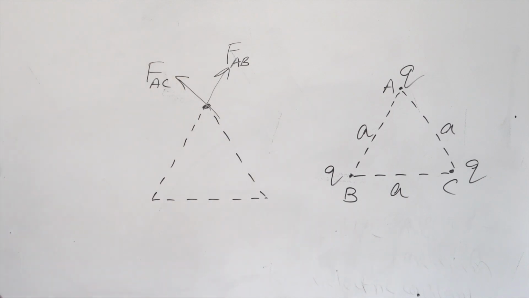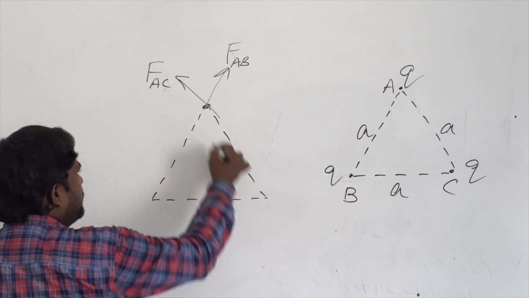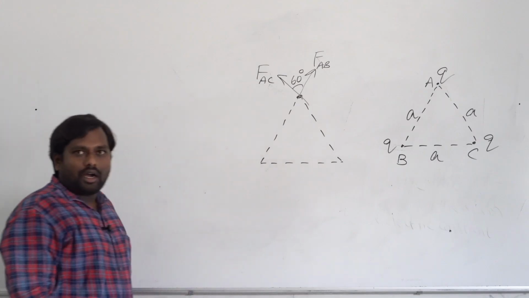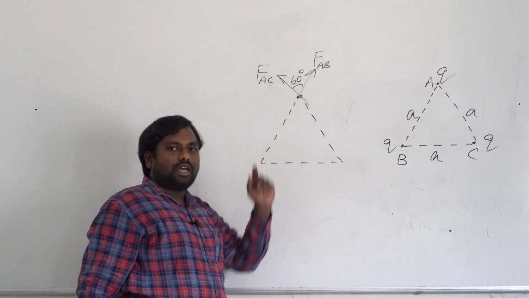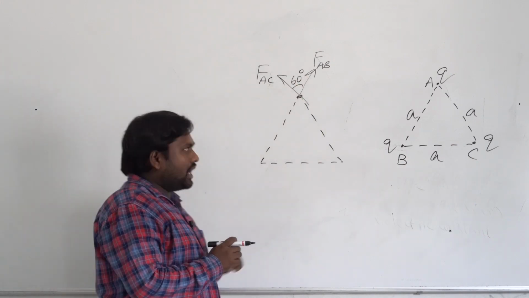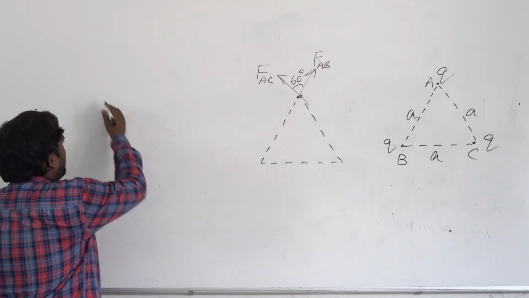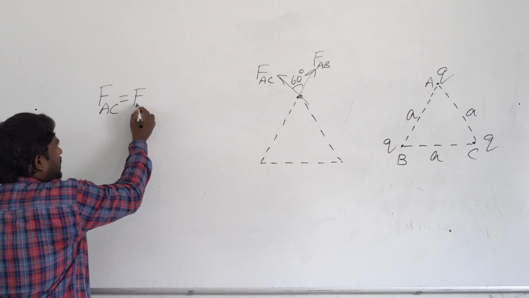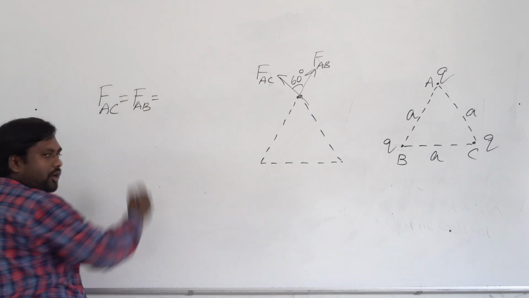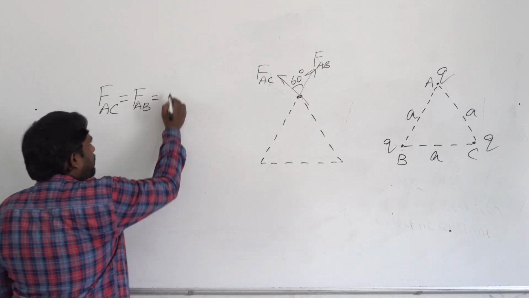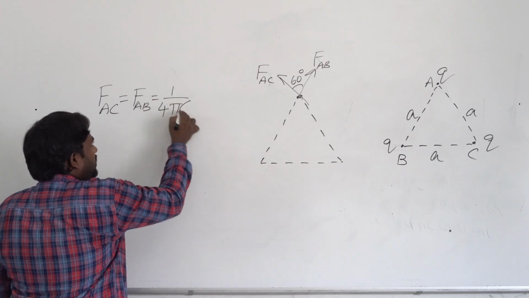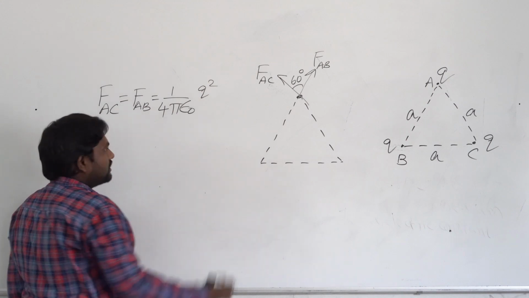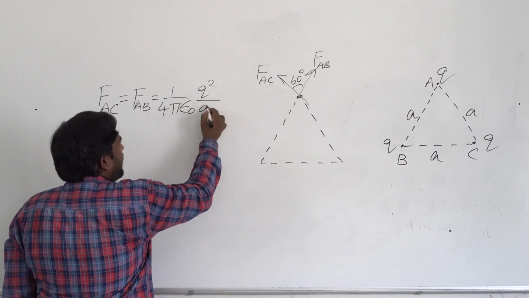This is an equilateral triangle, so this angle is 60 degrees, so this is also 60 degrees. And these two forces are equal in magnitude. The force on A due to C is equal to the force on A due to B, which is equal to 1 by 4 pi epsilon naught q1 q2 by A square, so it becomes q square by A square.